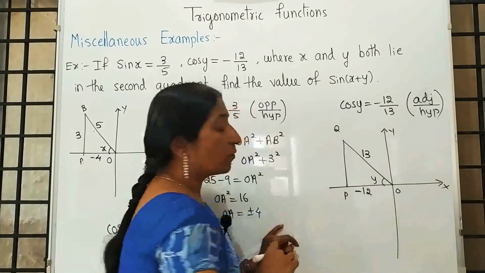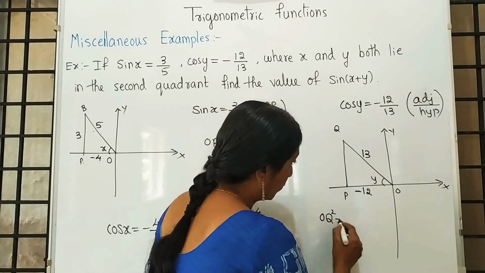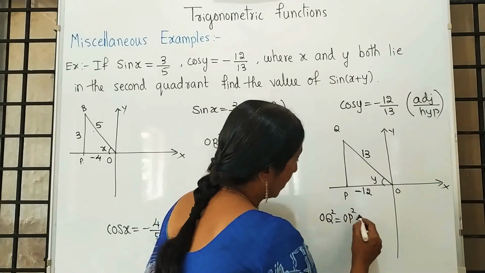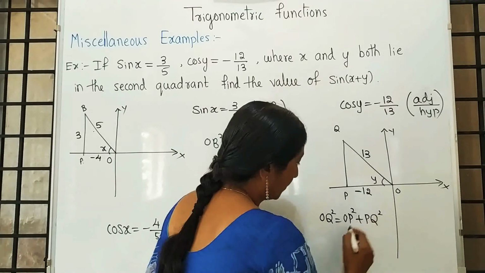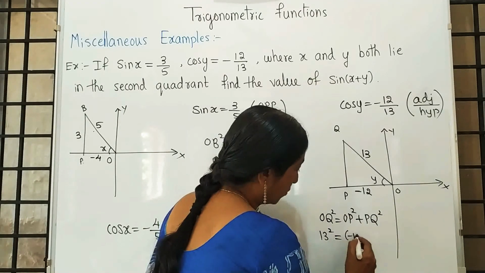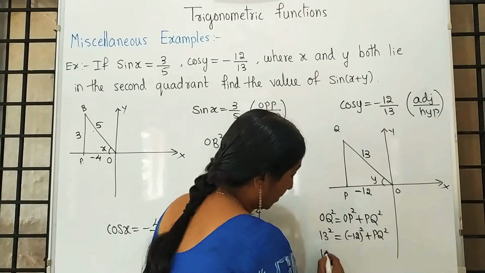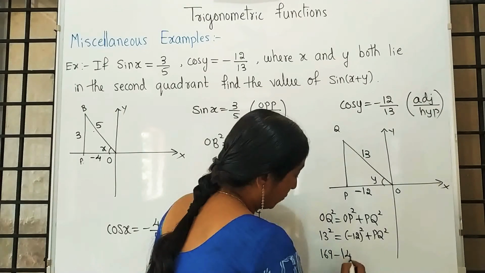So can you tell me what the PQ value is? Yes. OQ square is equal to OP square plus PQ square. That is 13 square, OP is minus 12 square, plus PQ square. So it is 169 minus 144.